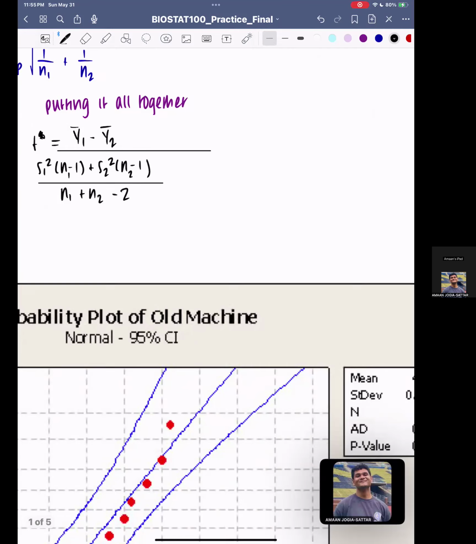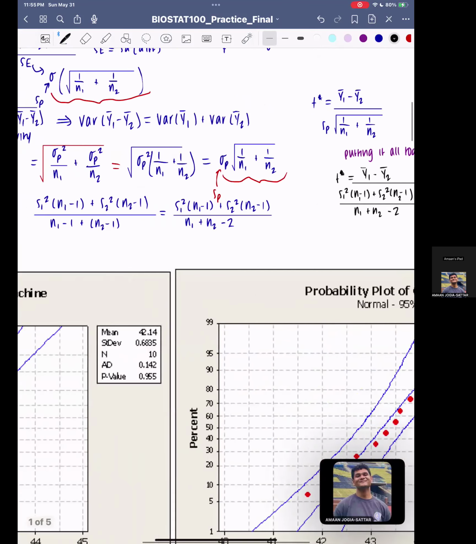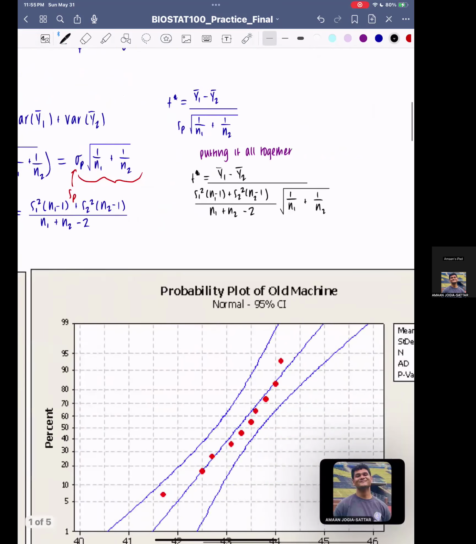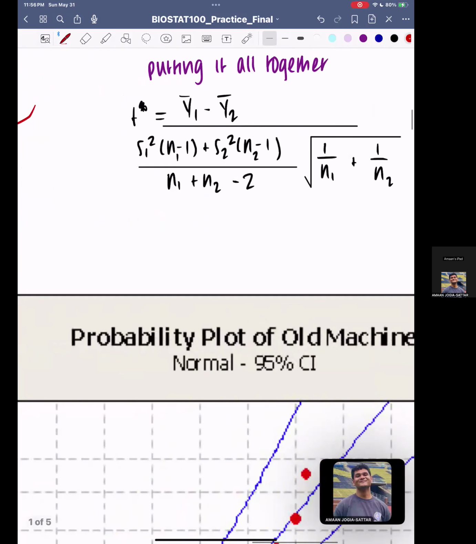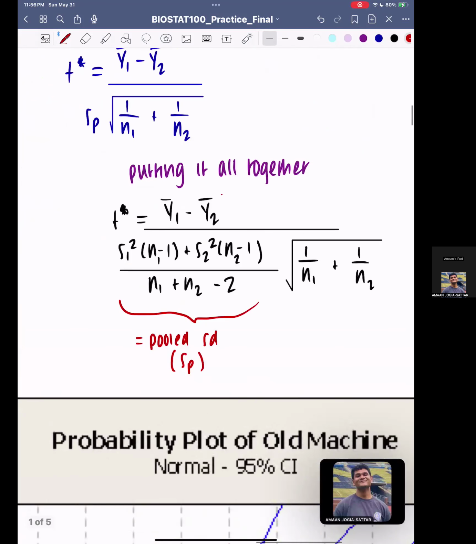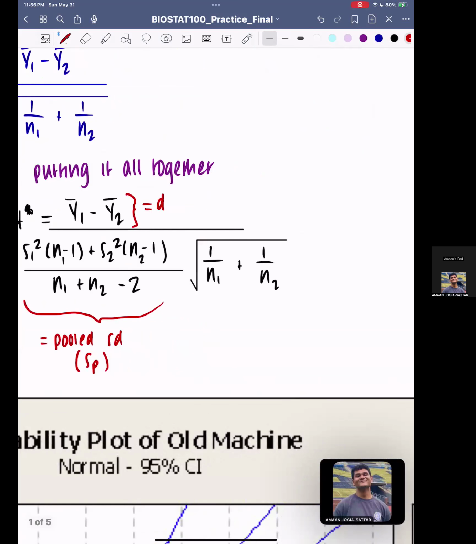And then we are going to multiply that by 1 over n1 plus 1 over n2. Let me make sure that looks right to me. I think so. And just to bracket some things, equals pooled SD, which is Sp. This is equal to d, and then I'm just going to write minus d0, but this is 0.